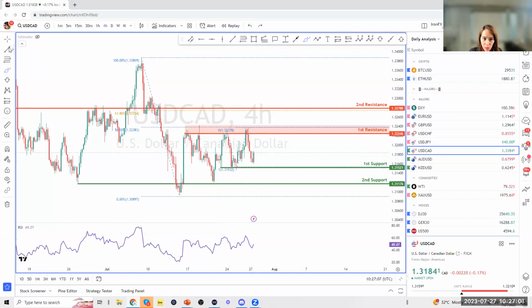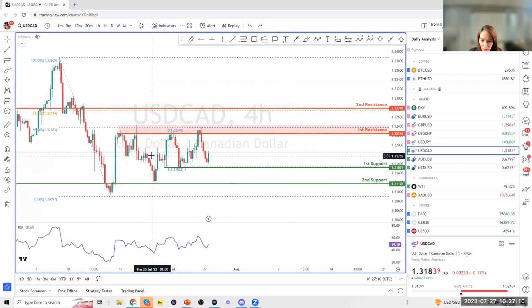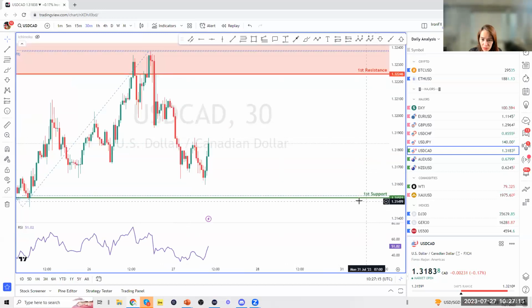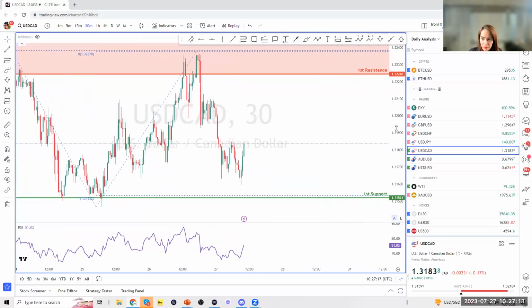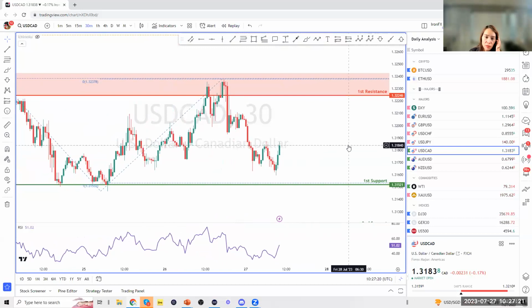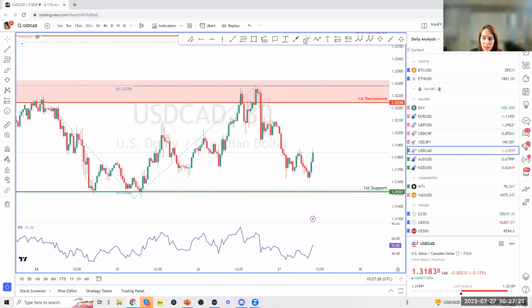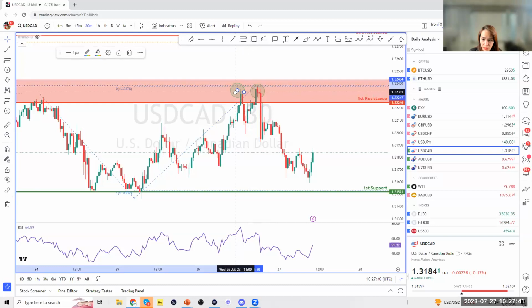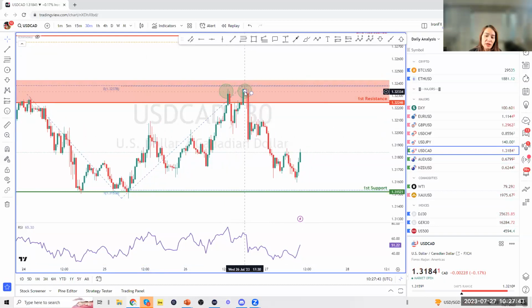But if you like scalping, you a scalper, you just go to M15 or M30 to see any potential. What you can see here, if you notice, when the price goes to our resistance, it's easy for you to see that price creates a double top.